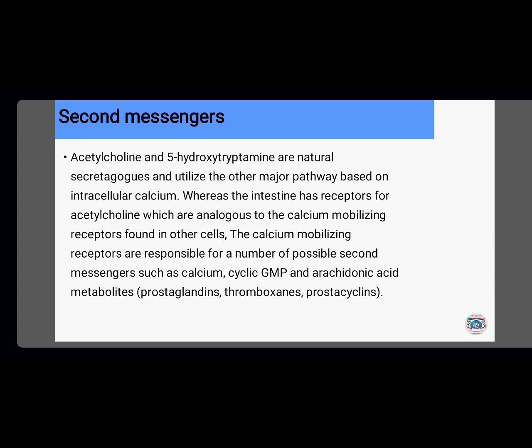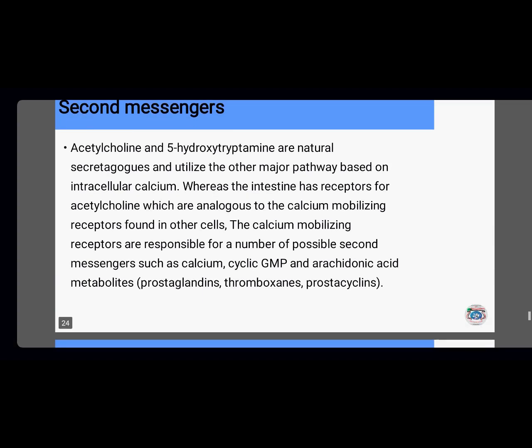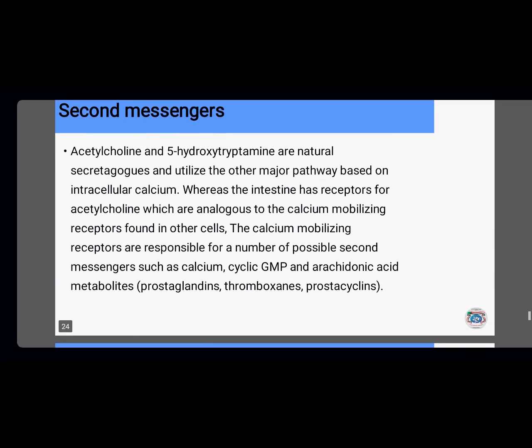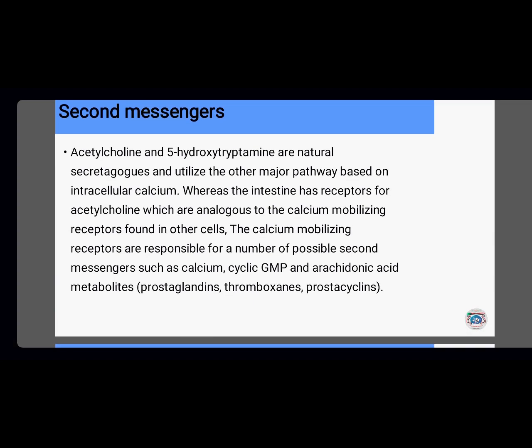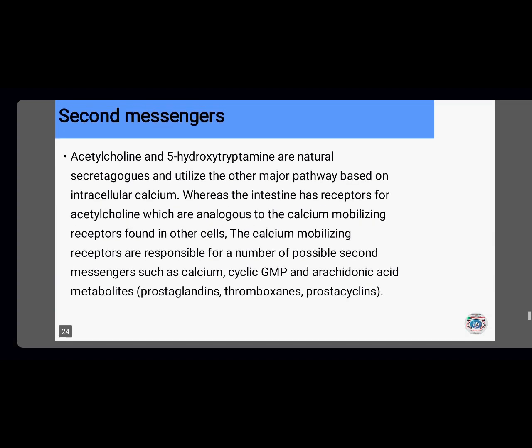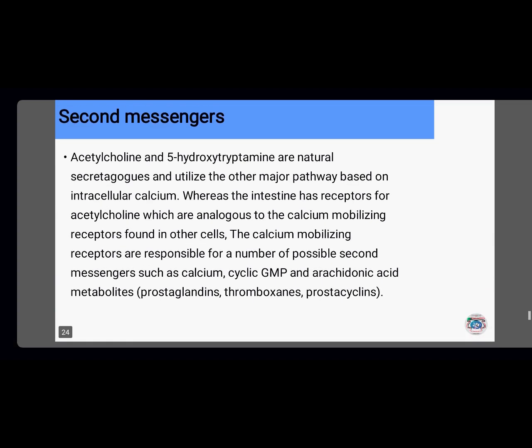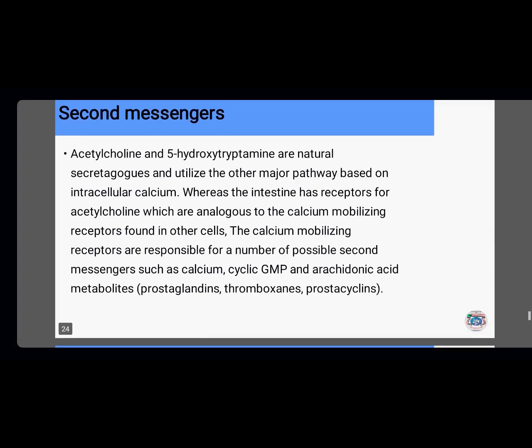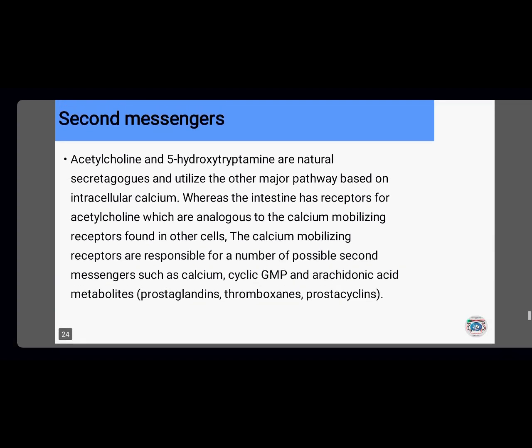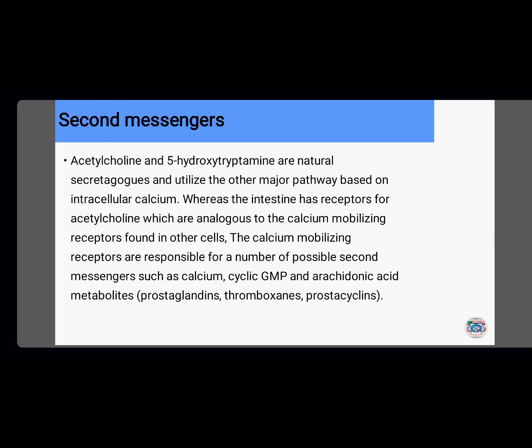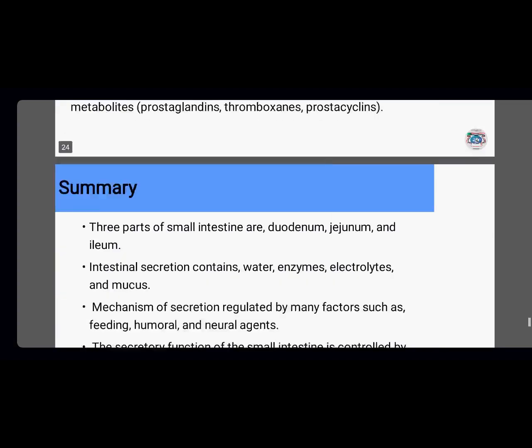The calcium mobilizing receptors are responsible for a number of possible second messengers, such as calcium, cyclic guanosine monophosphate, and arachidonic acid metabolites, for example prostaglandins, thromboxanes, prostacyclins. From here you can note the importance of the second messenger.